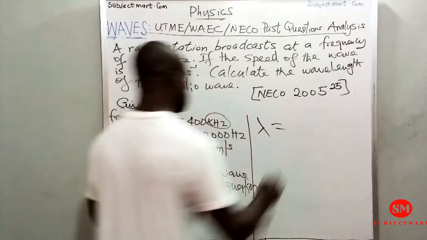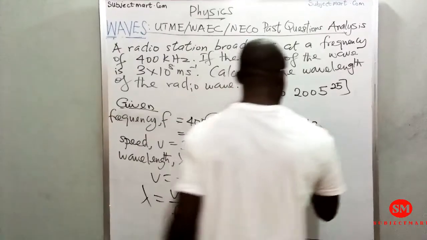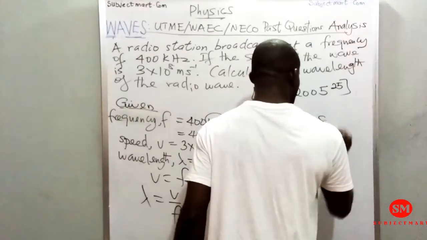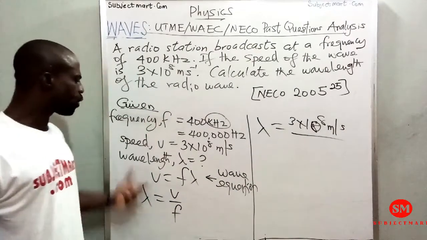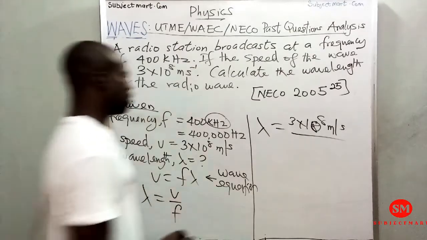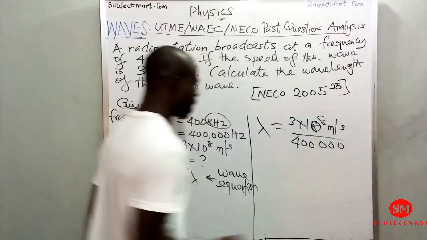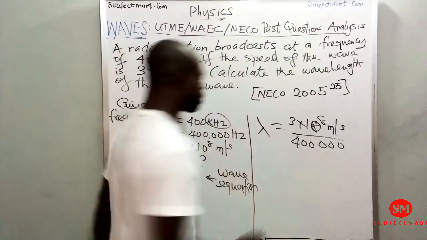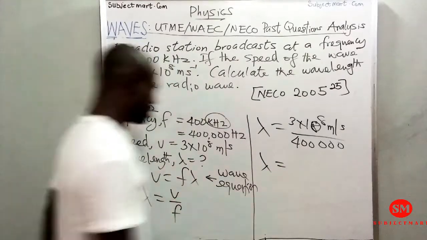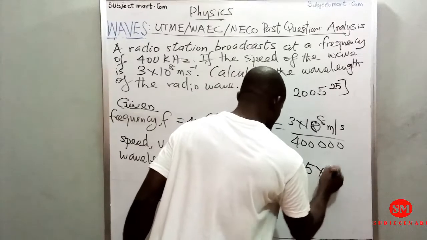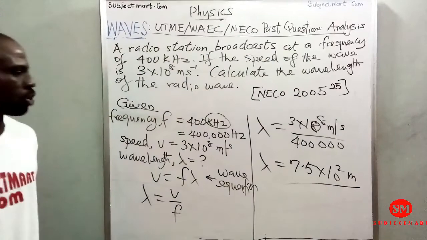Our velocity is 10 to the power 8 meters per second, all over the frequency, which is 400,000 hertz. If we press on our calculator very well without mistakes, this is going to give us 7.5 times 10 to the power 2 meters. That is the wavelength of that radio wave.